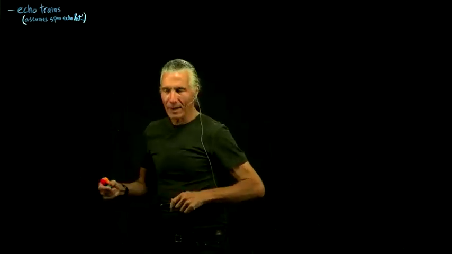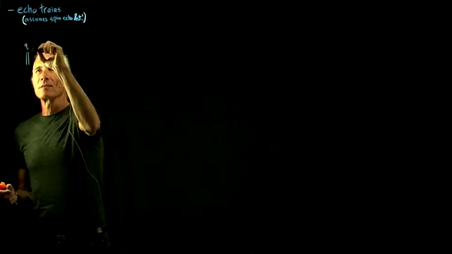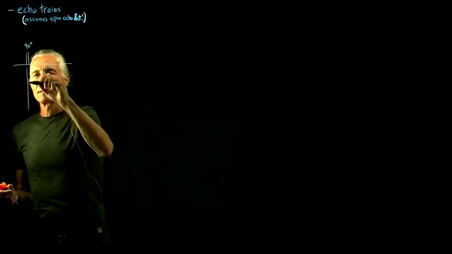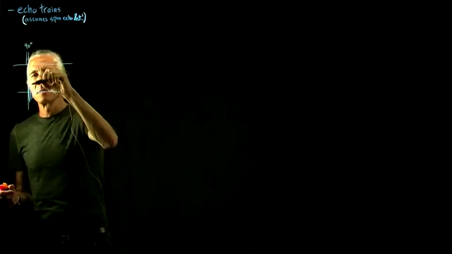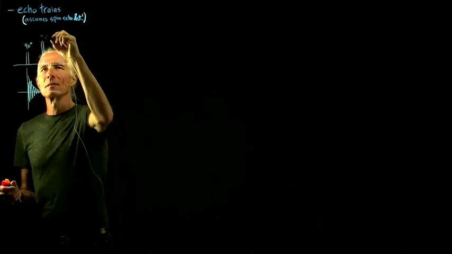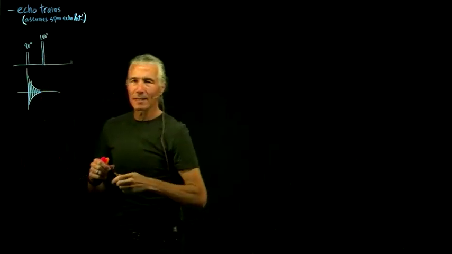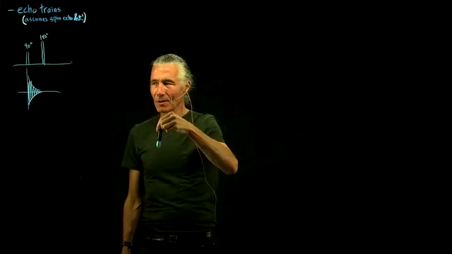And so that's really what the whole echo picture is about. The one I'll talk about in the main lecture is a special case where you do a 90-degree pulse, and that causes a signal, and then you do a 180-degree pulse. And a 180-degree pulse means flip the magnetization completely down.